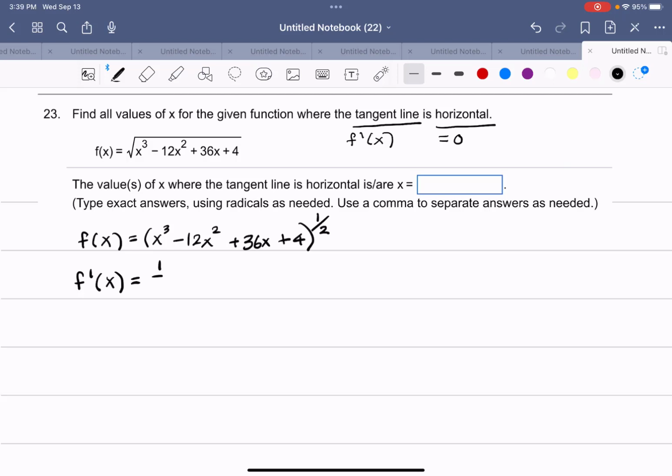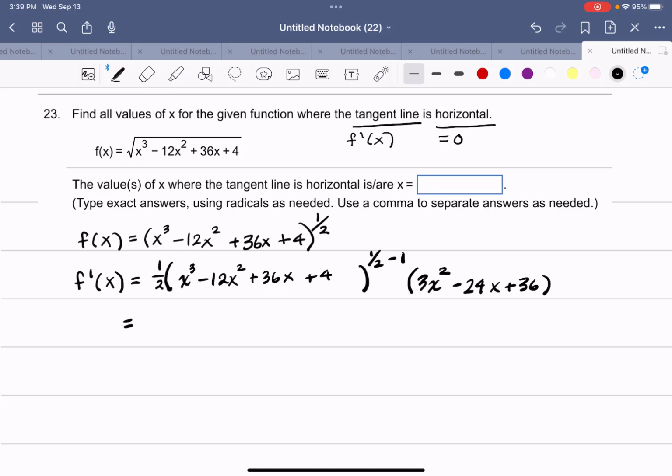So it's the power 1/2 times the base x cubed minus 12x squared plus 36x plus 4 to the power 1/2 minus 1, times the derivative of the base, 3x squared minus 24x plus 36.